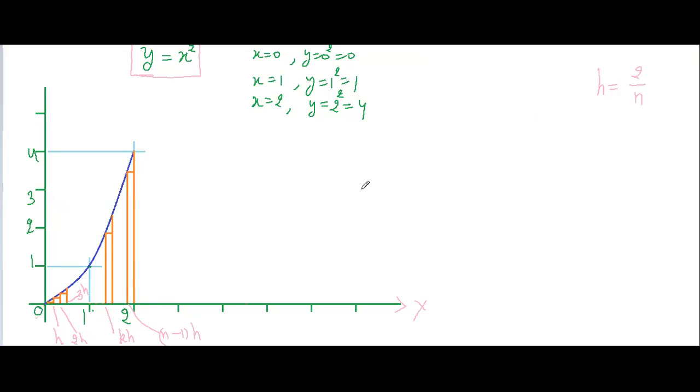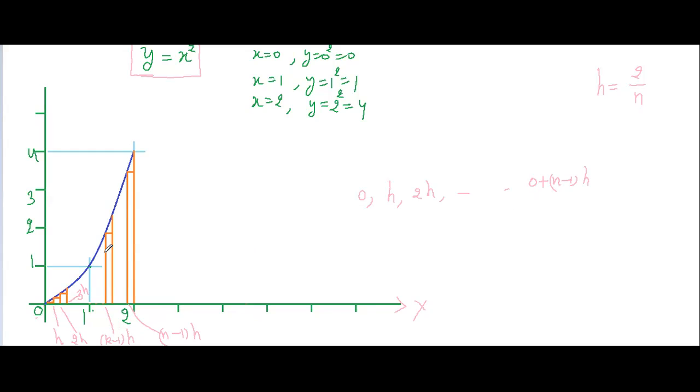Because this is again an AP like 0, h, 2h, and its nth term will be 0 plus n minus 1 times common difference. So the x coordinate for the kth term should actually not be kh, but k minus 1 times h.